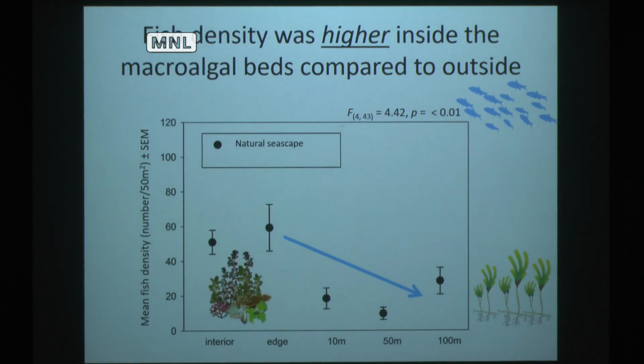And possible reasons for these patterns include that within the interior of natural macroalgal beds, there was a higher cover of hard substrate as well as different macroalgae, while in the vicinity, there were habitat patches of a more homogeneous seagrass.